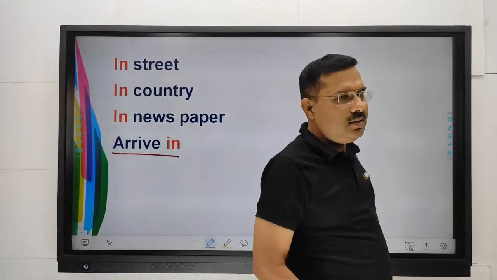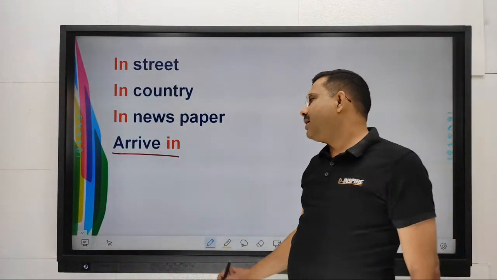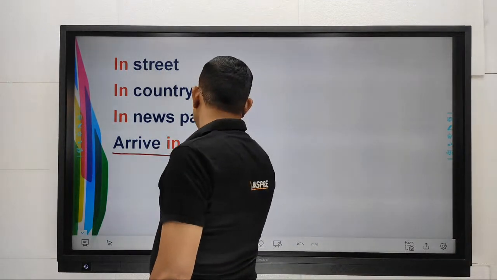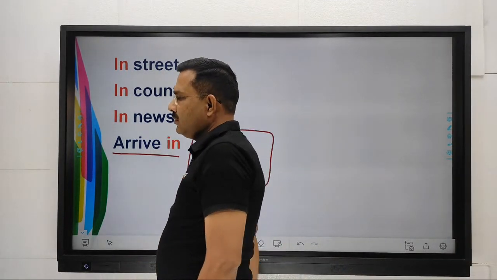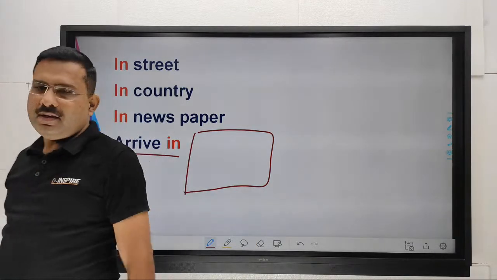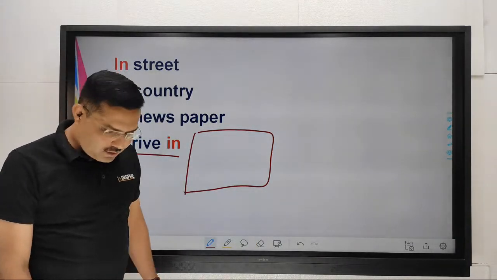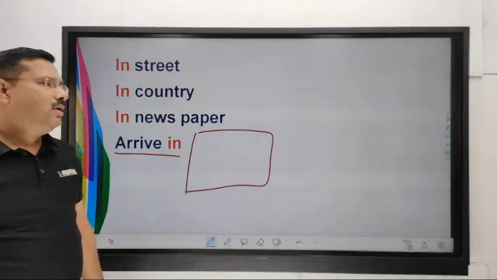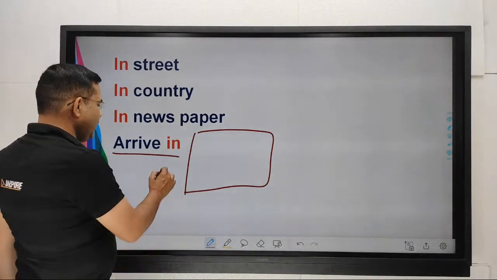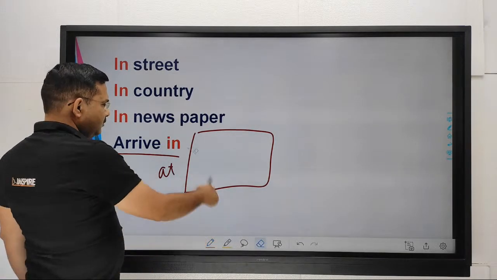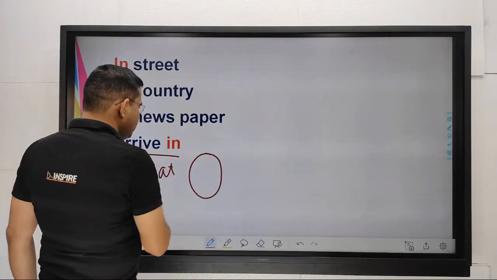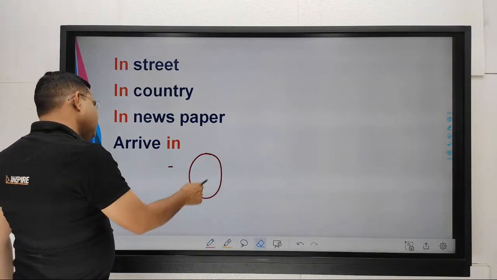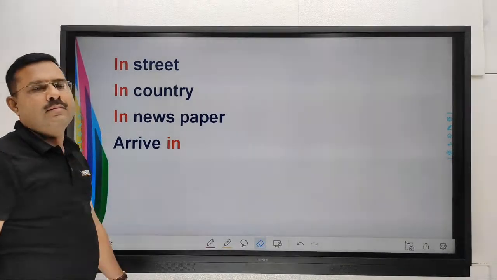Arrive in means when somebody arrives at a bigger place. He arrives in a city or he arrives in a country. If he is arriving at a smaller place, then we say at. For at, the place should be smaller. For in, the place should be bigger.